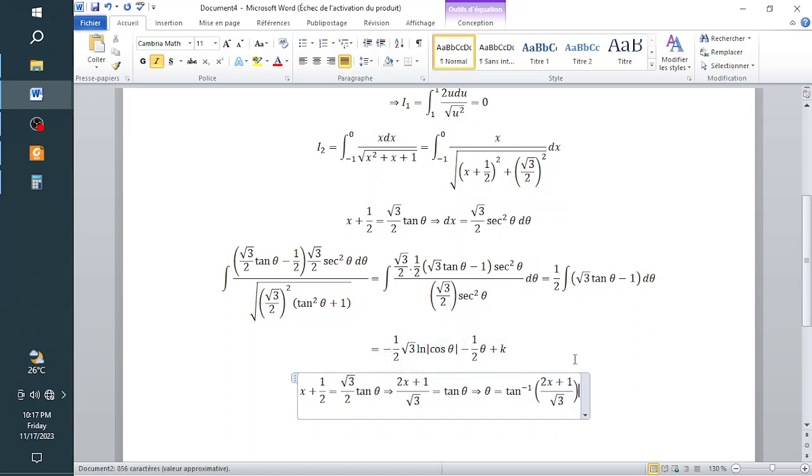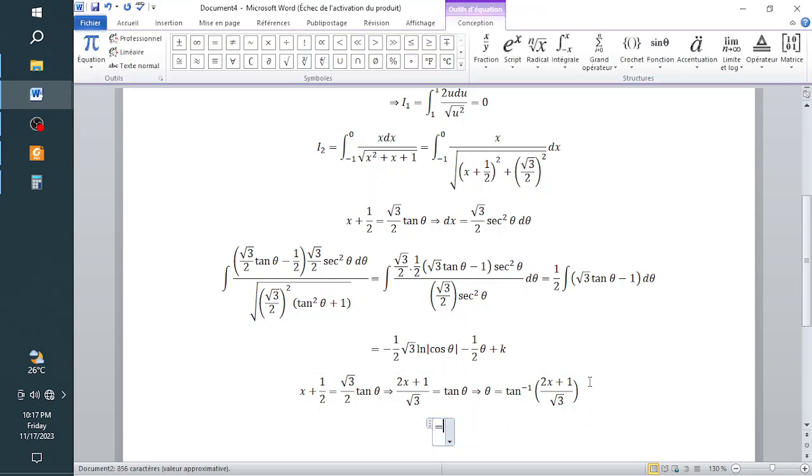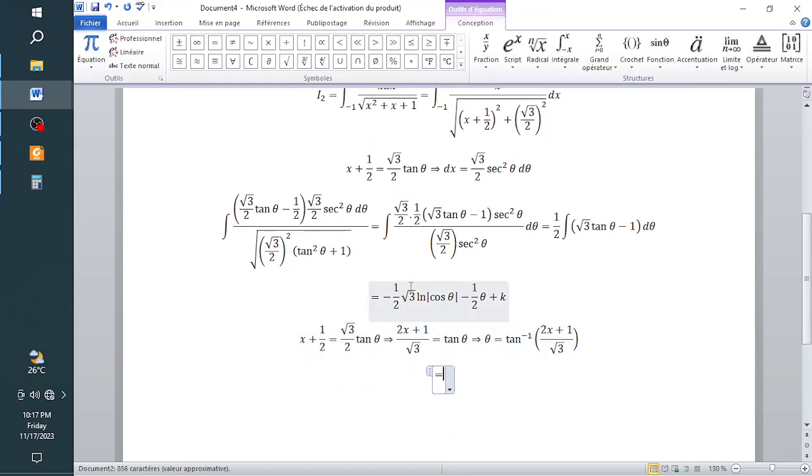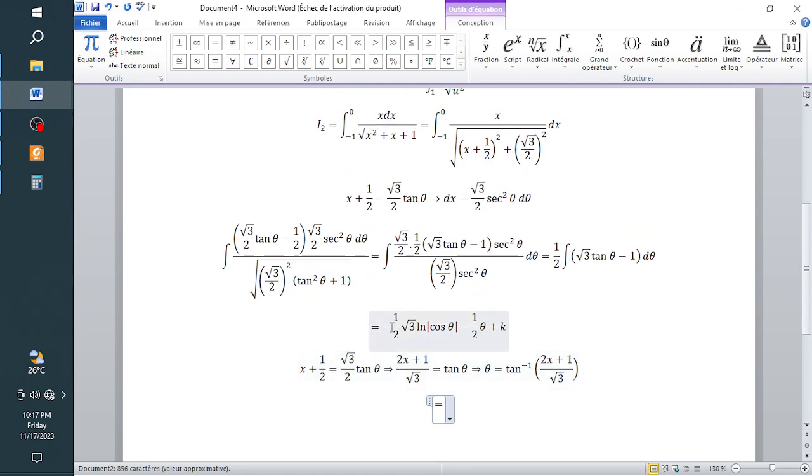So it therefore means that that integral is just equal to, in fact let us rewrite it. In the place of theta, I simply put tan inverse of 2x plus 1 divided by the square root of 3.